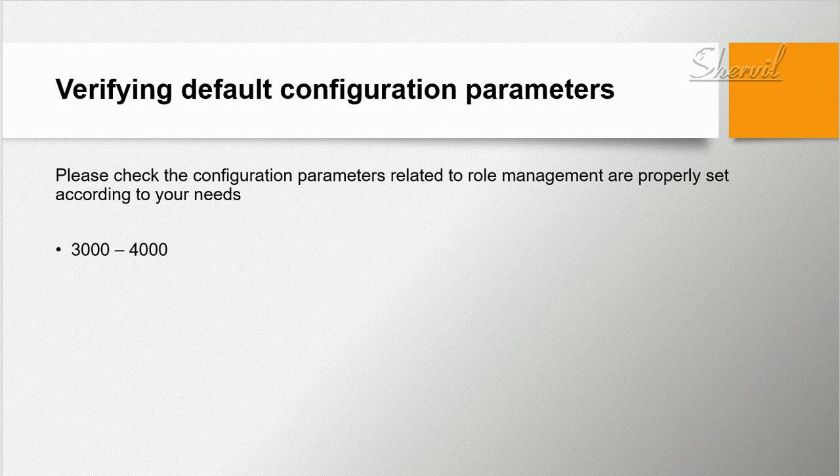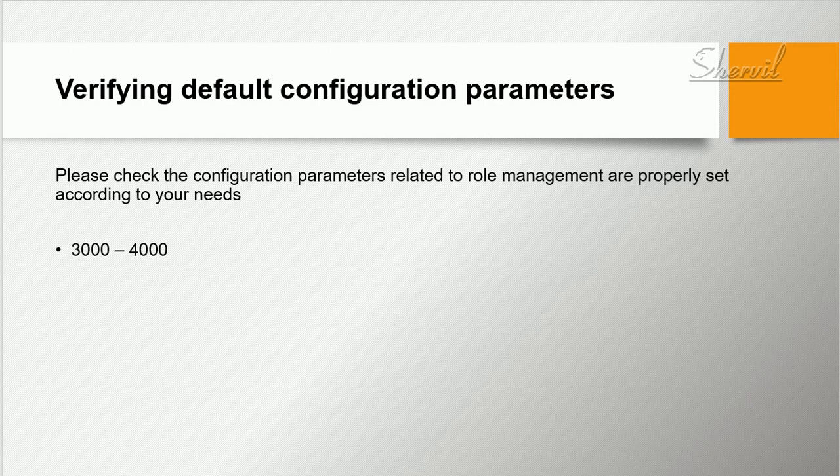Now, most of the parameters that you have in the configuration are related to role attributes, so we have to remember that. Depending on what parameters you set, the BRM will behave accordingly.